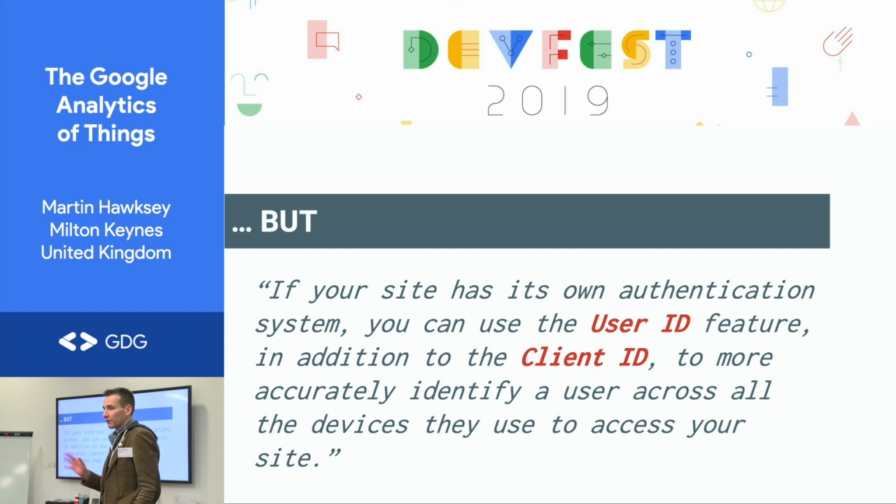It's got a bit more interesting recently with GDPR, and I'll get onto that in a second. But what Google Analytics does permit you to do is to provide a user ID and a client ID. A user ID could be some piece of information that relates a user to their activity on your website.